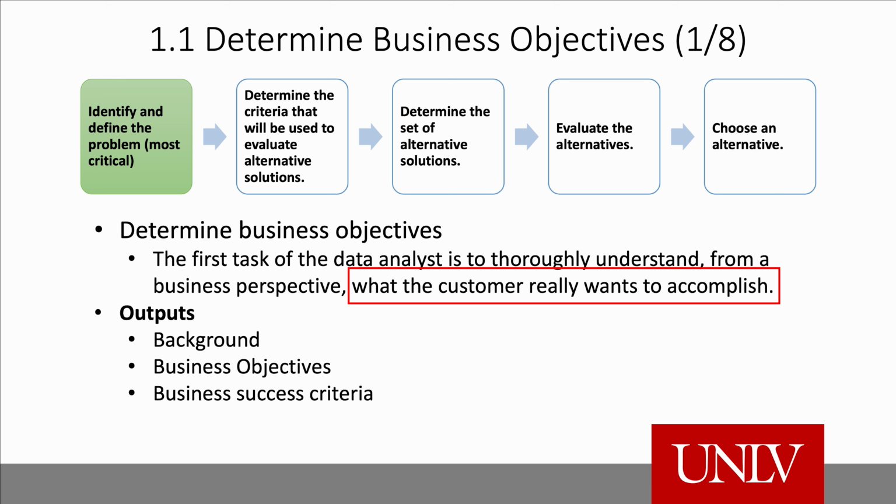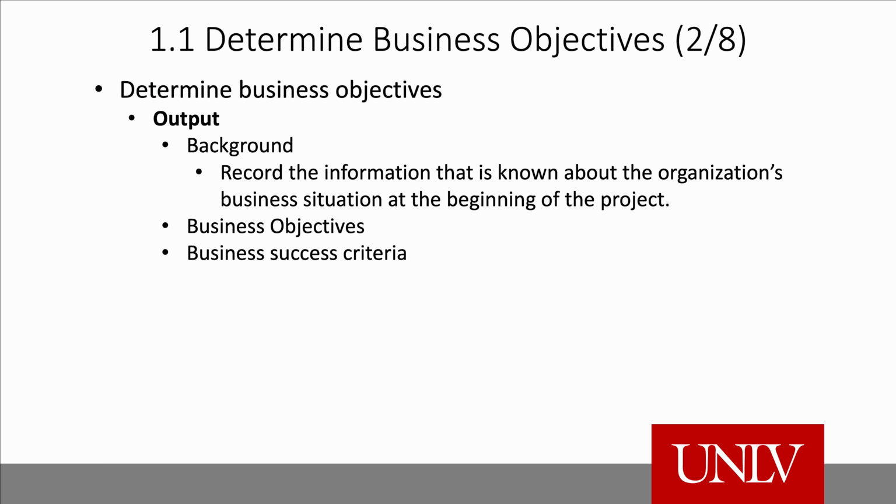So our job is to uncover these key factors right from the beginning, because failing to do so can lead to a classic mistake, which is spending weeks or months producing the right answers to the wrong questions. So there are three outputs of the first task, including background, business objectives, and business success criteria.